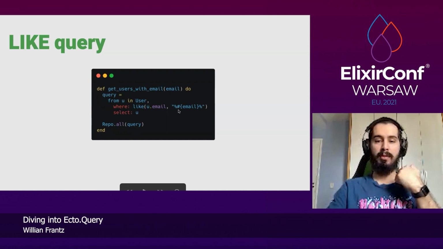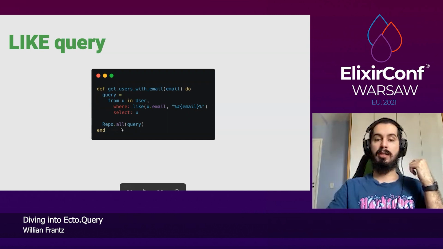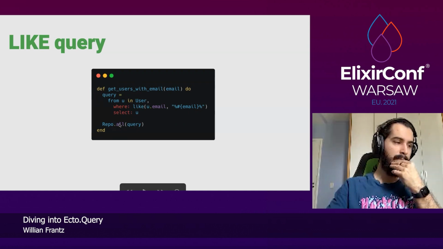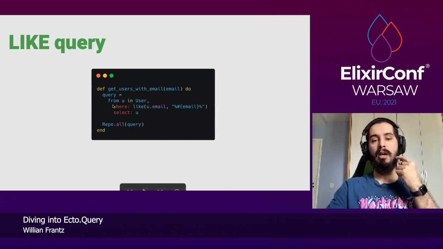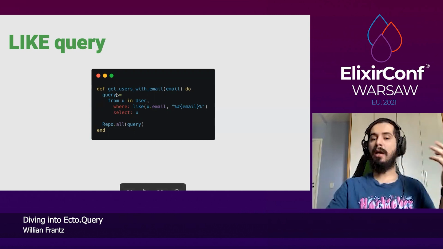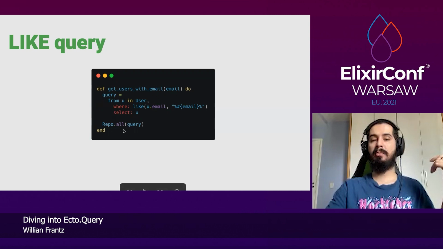This is pretty simple, and we are using the like helper, we are using the keyword statements, and we are passing through Repo.all. In this case, I'm using Repo inside this functionality, but I guess in case we want to build composability, we would have only the query inside this functionality, and this functionality would be get_users_with_email, for example. And then we could pass this functionality inside the Repo.all.